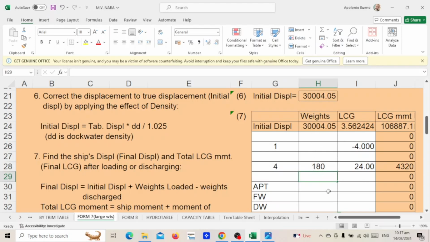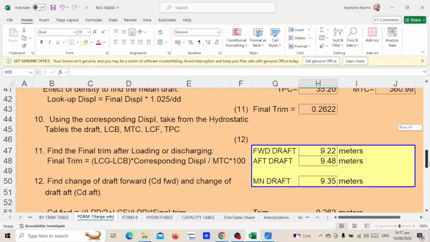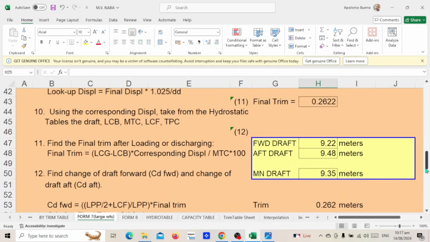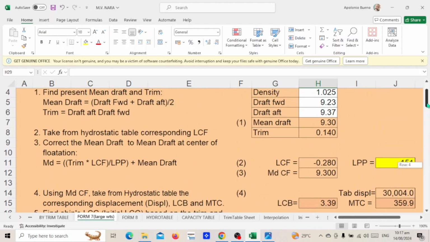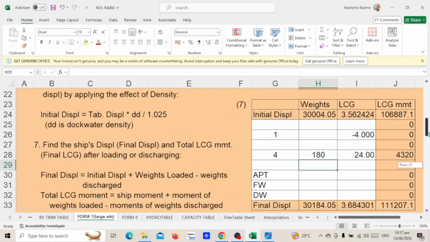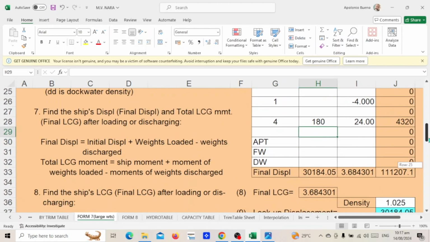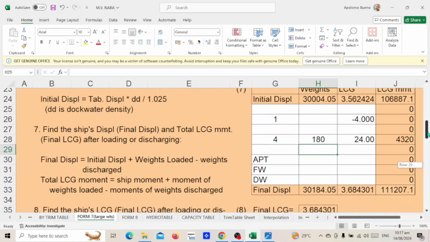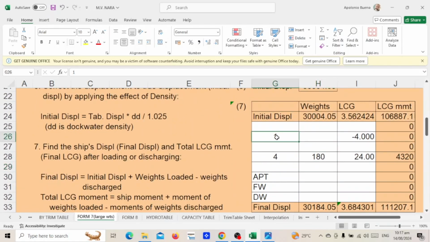When you have put weight here, what will be our draft? Our final draft when we put 180. So I just want to make sure. That will be 24, okay? Even if you don't put the name, because you don't know which part of the vessel we are going to put it on. So this is somewhere aft of amidship, 24 meters from amidship, and the weight is 180.